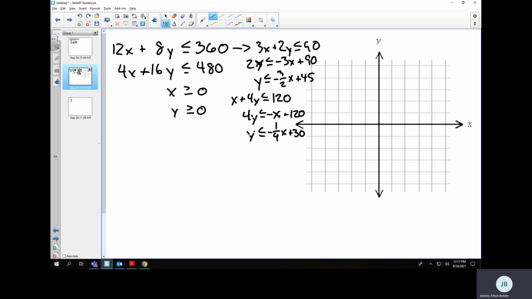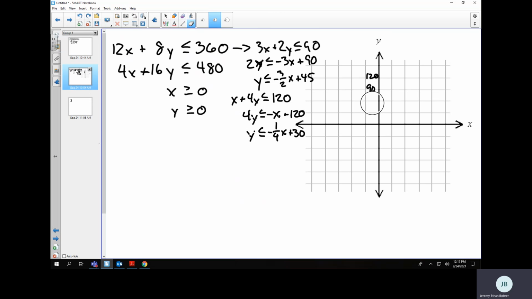Okay, so I'm going to make my y-axis in 30s. That should have been, yeah, let's do it in 15s instead.